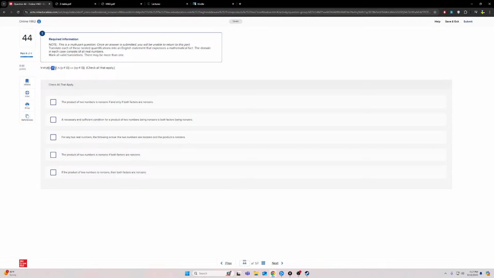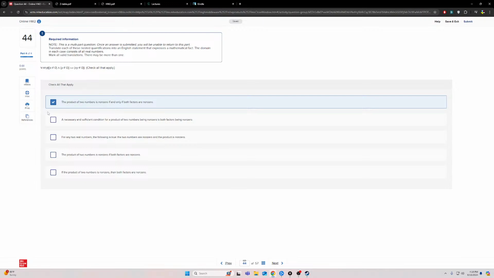For all values x and y, if this is true, this has to be true. If neither one is zero, then that's nonzero. Or if this one is false, if both are zeros, then this has to be zero. Okay.